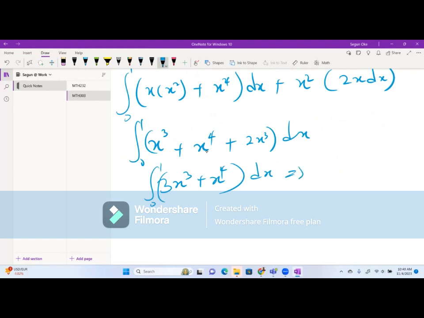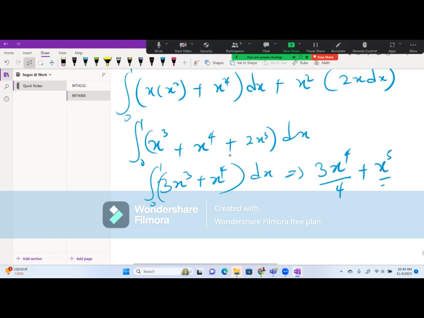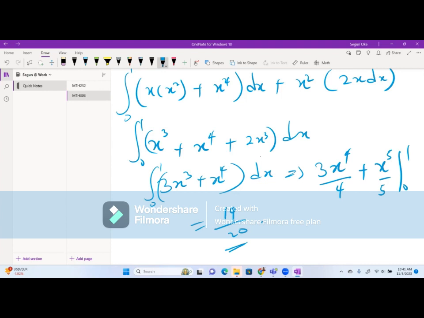So for me to integrate this one, I have 3x raised to power 4 divided by 4 plus x5 divided by 5, from 0 to 1. So if you substitute this very well, you have 19 over 20. Remember, we only did the one along x squared.